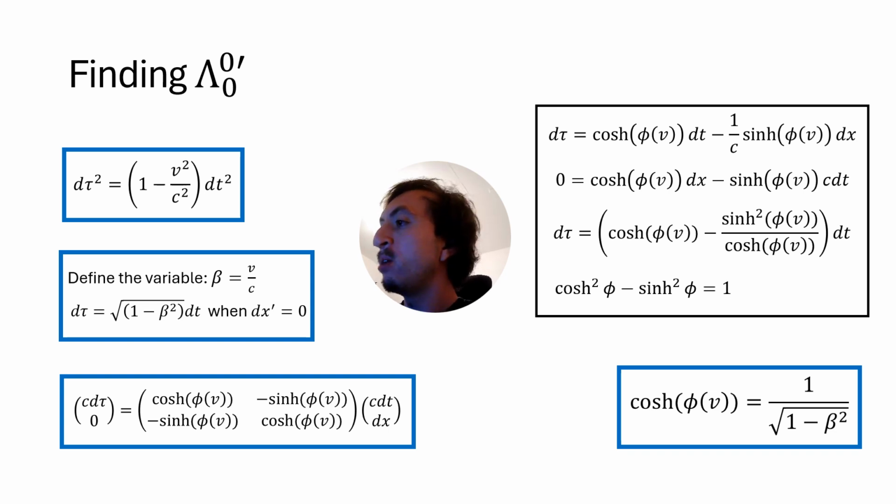But we will be using this component not only to get the other components, but also as a sanity check that phi of v behaves in a way that satisfies the limits we had before about what phi of 0 is and phi of c is.